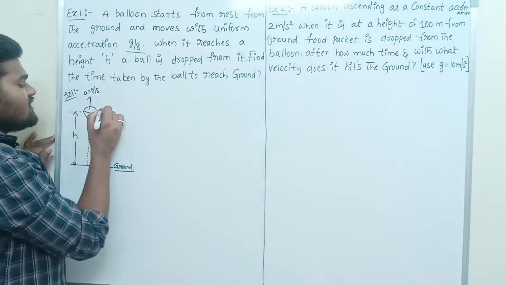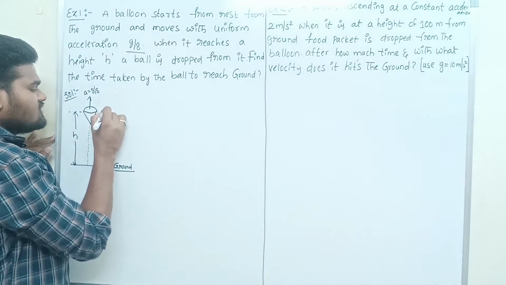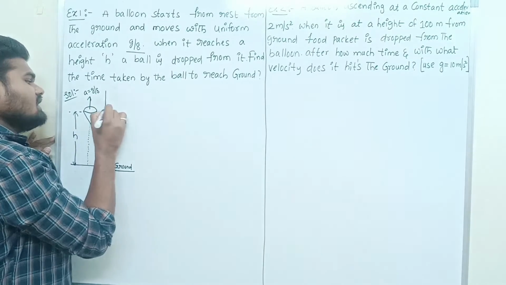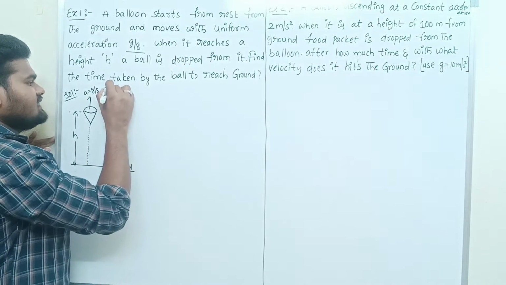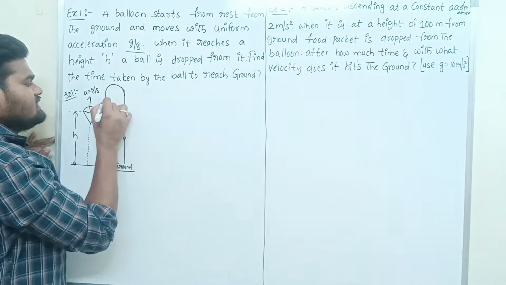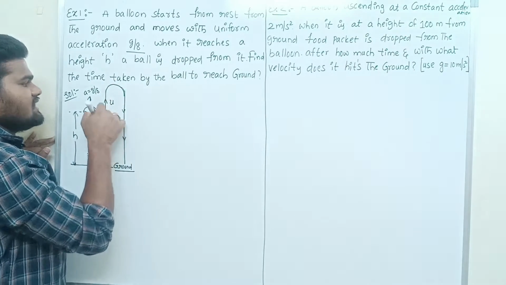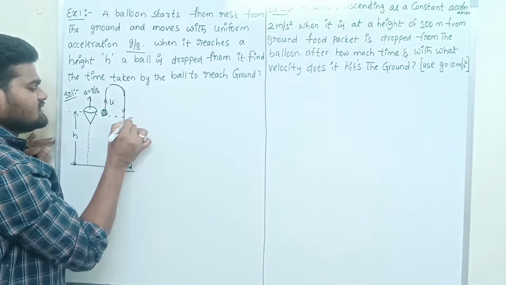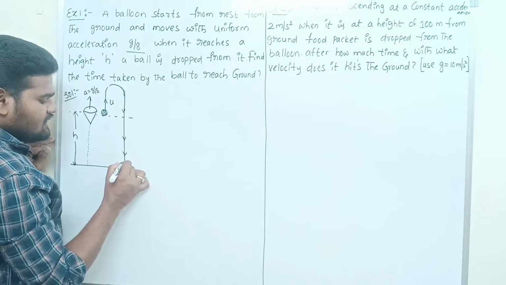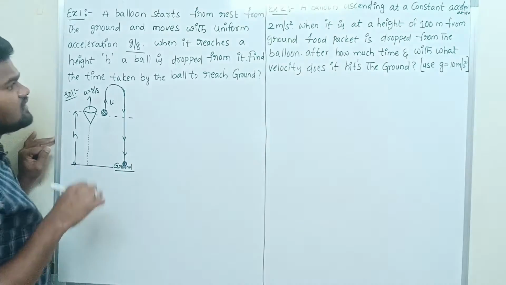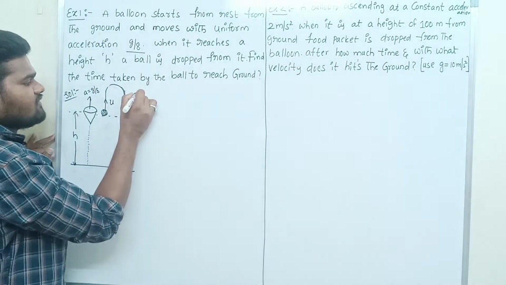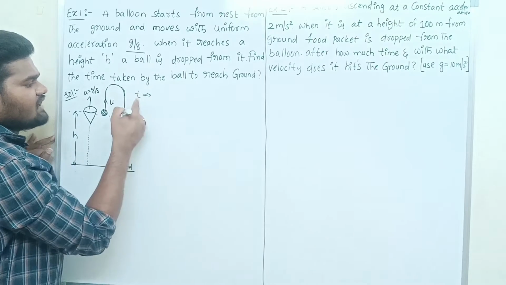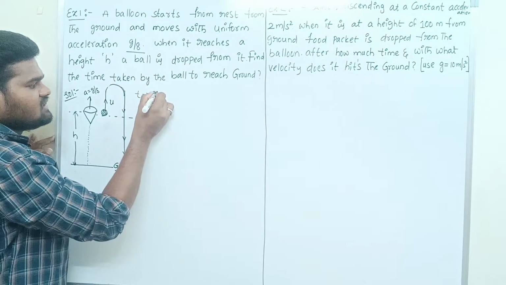As we know, whenever the ball is dropped from the balloon, it moves like this, with some initial velocity, and it hits the ground. So what we have to find is the time taken by the ball to reach the ground.